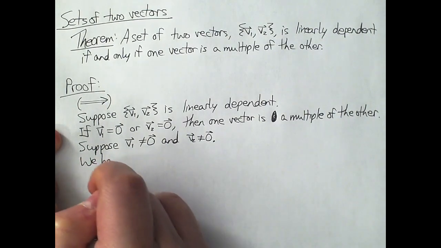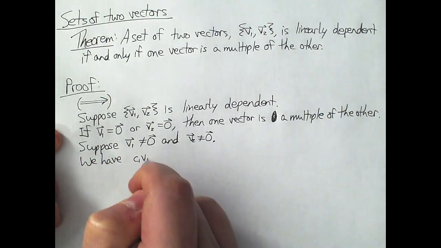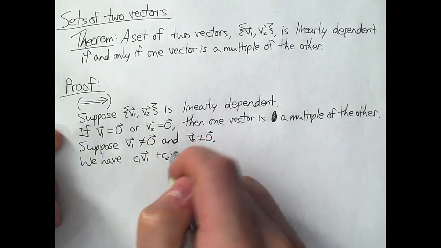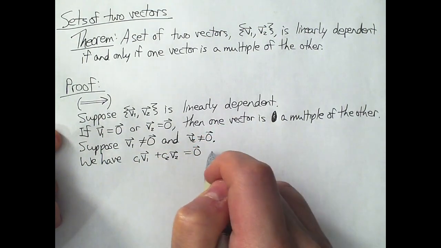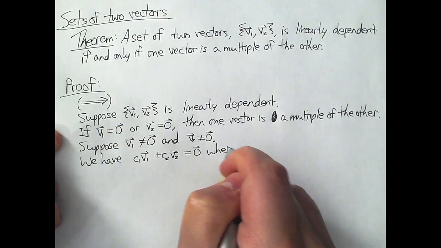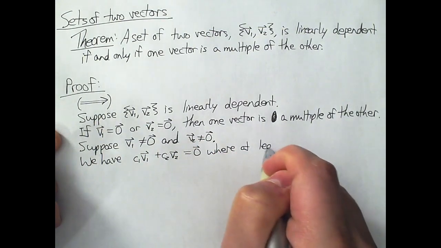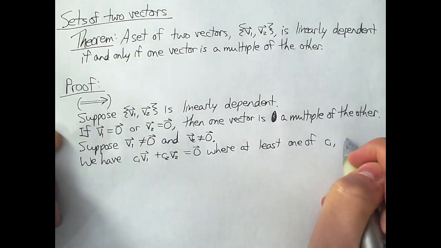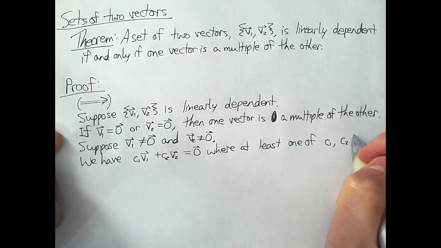We have C1V1 plus C2V2 equals 0, where at least one of C1 and C2 is non-zero.